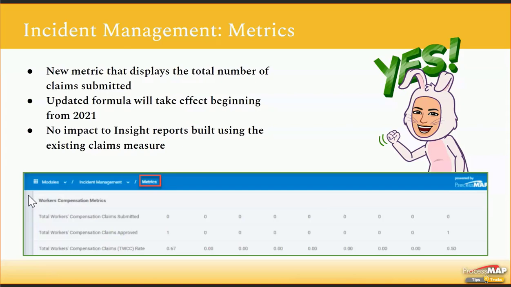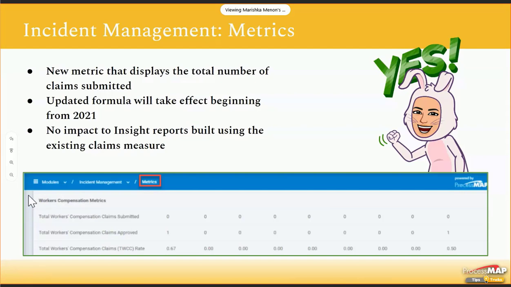Okay, and again, the enhanced system for our new enhancement with the ability, as you can see, you access it through modules, incident management, and metrics. You would now have the new metric in your screen that highlights total workers' compensation claims that are submitted, and that will show the actual number of claims submitted.